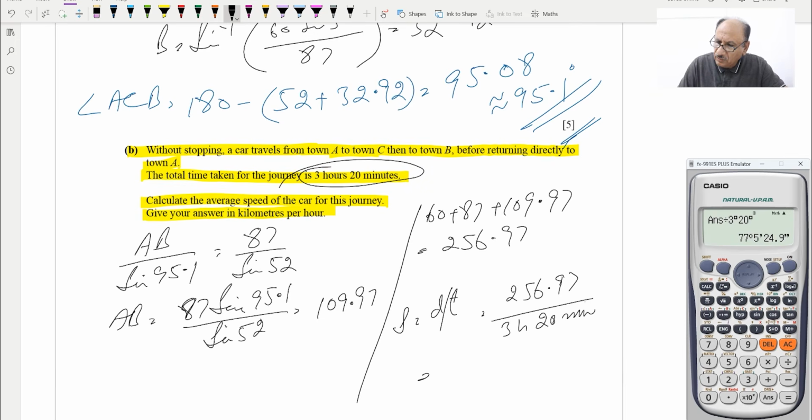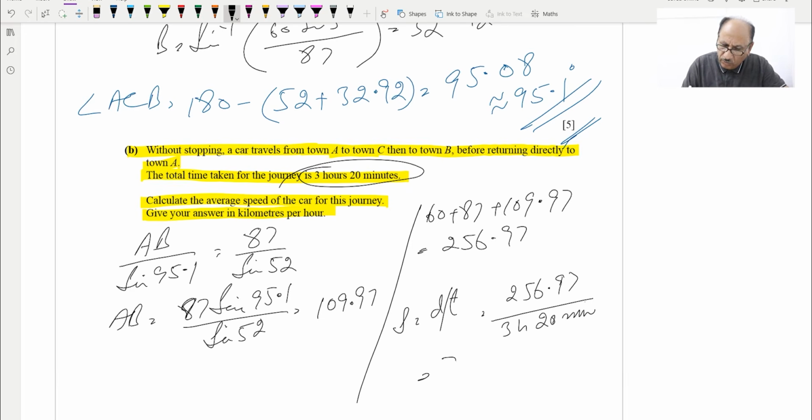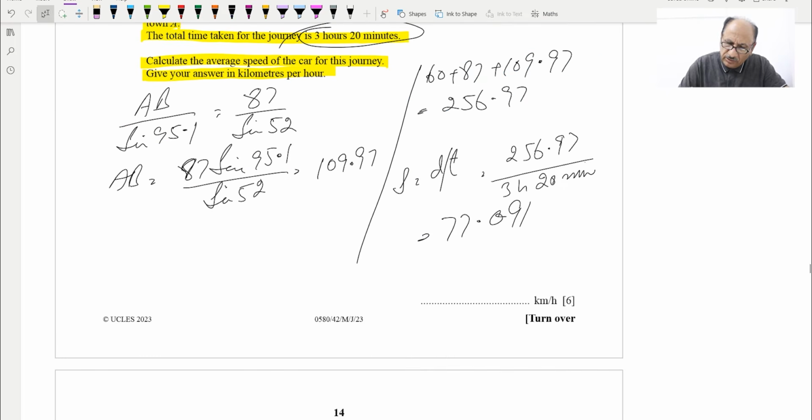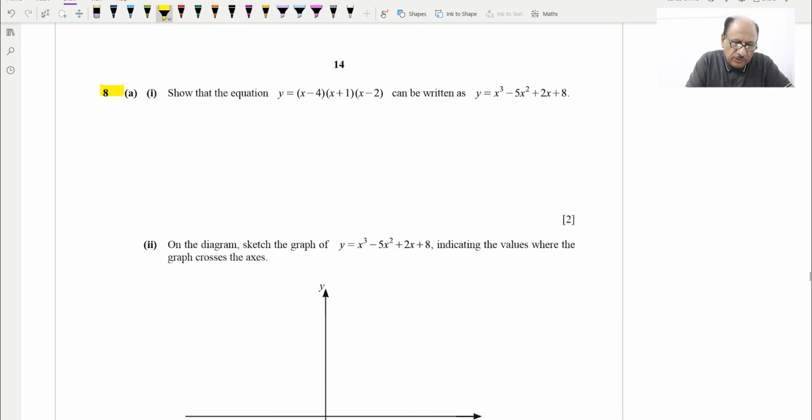We can directly write 256.97 over 3 hours and 20 minutes is equal to 77.091, or we can write 77.1 kilometers per hour.